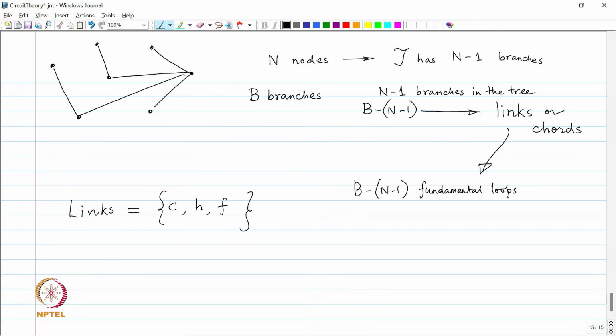So, my idea is that I will make loop number 1 with C and the remaining elements should be part of the tree. L2 should be H and the remaining elements should be part of the tree.